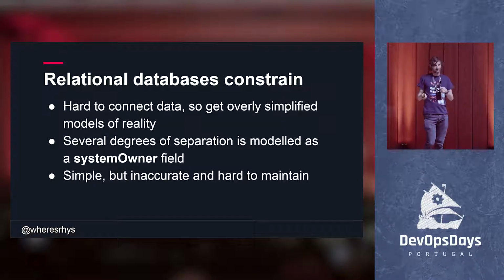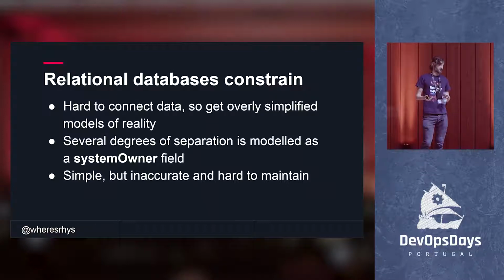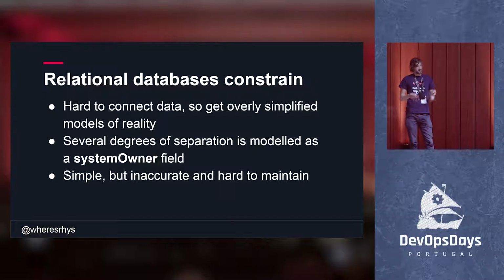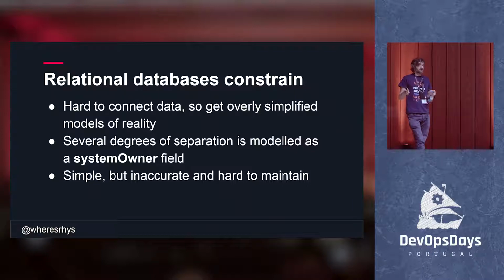And relational databases, if this is where you store your documentation, kind of lead you down this route because, despite them being called relational databases, it's quite hard to model really complex relationships between things. So you might end up with a system owner property on a system, but actually in real life, that person is connected to the system because they are perhaps a tech lead of a team, but you can lose that detail because it's easier to model it as a direct property.